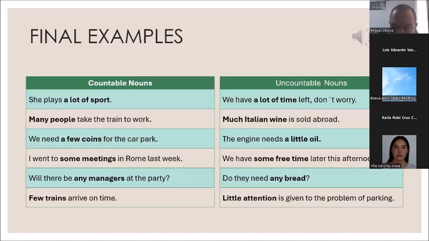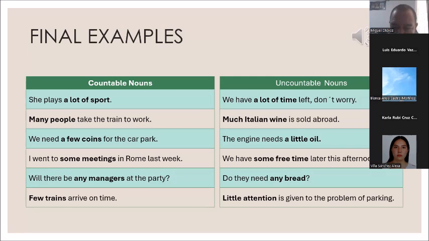In conclusion, we can say that a quantifier is a word that usually goes before a noun to express the quantity of the object. For example, a little milk. Most quantifiers are followed by a noun, though it is also possible to use them without the noun when it is clear what we are referring to.